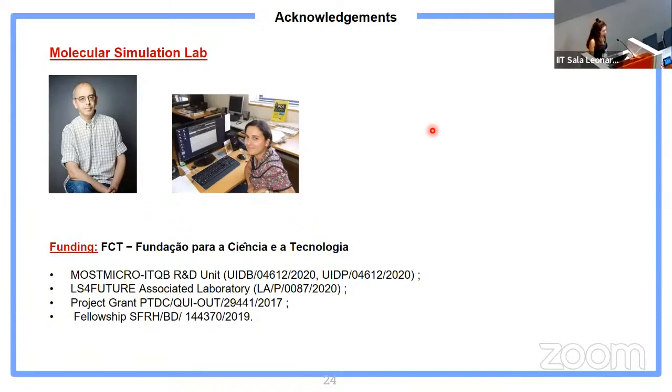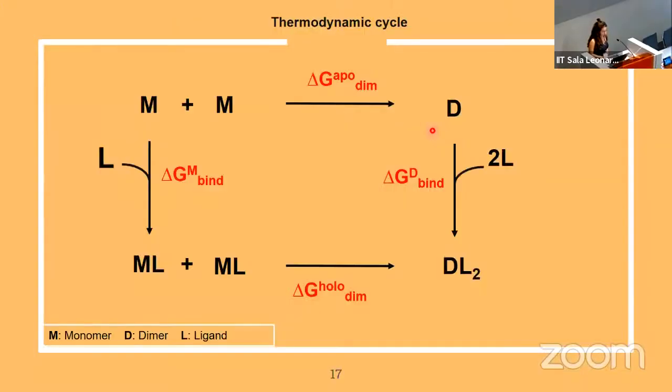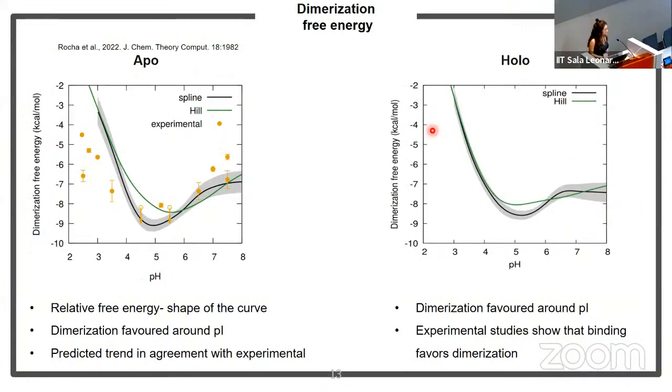Could you go back to the one with the red dots on it, your experiment versus the calculation? What I'm curious about with this one is whether, if you plotted the error, the difference between your dot and the line, versus pH, you'd have something that had a slope, some very clear correlation, and if that would give you some idea of what's going on, because you're above the line at high pH and below the line at low pH.